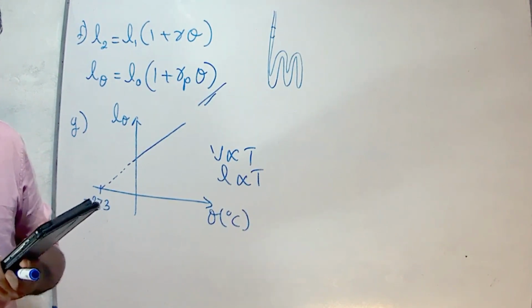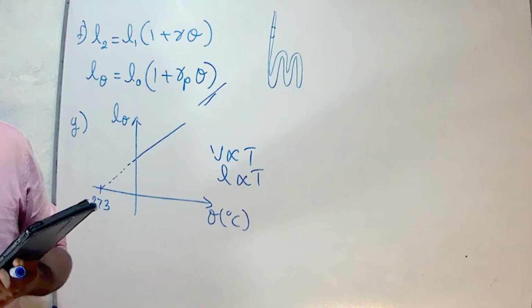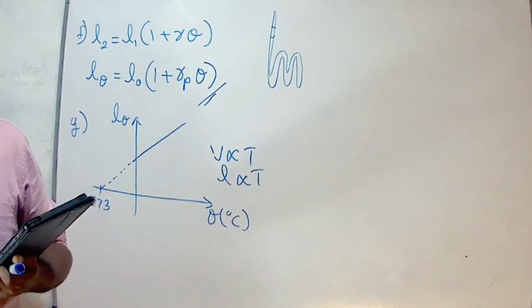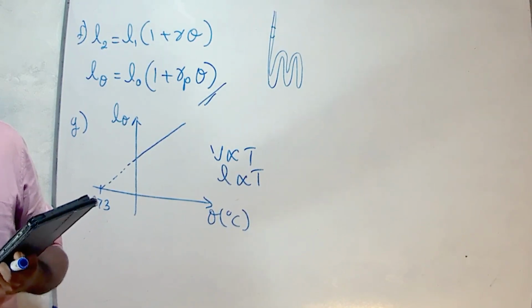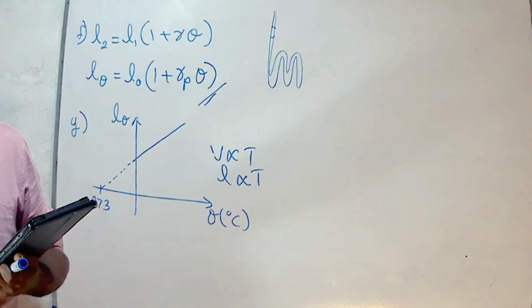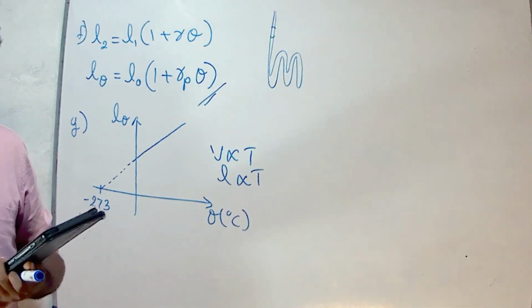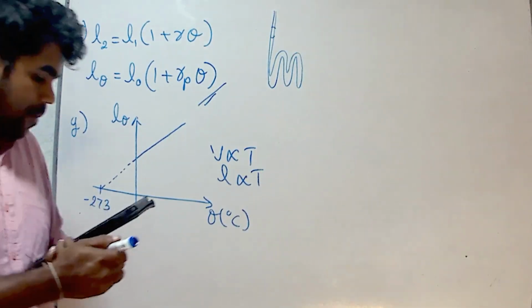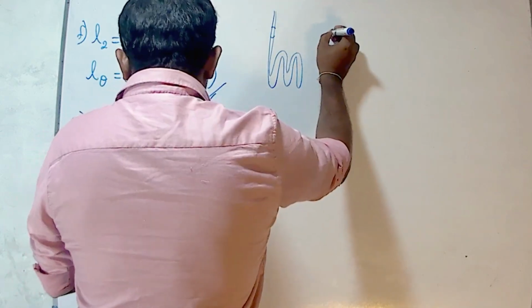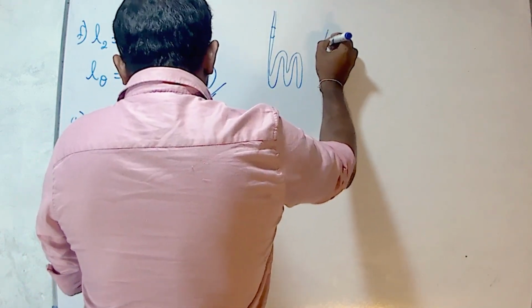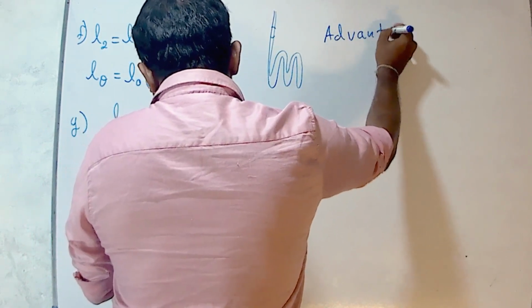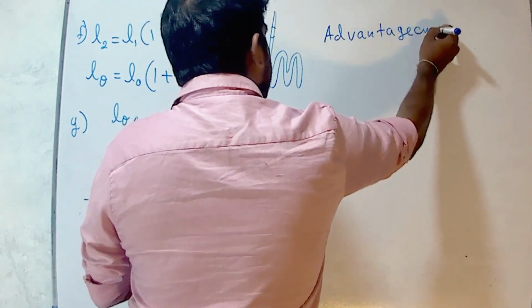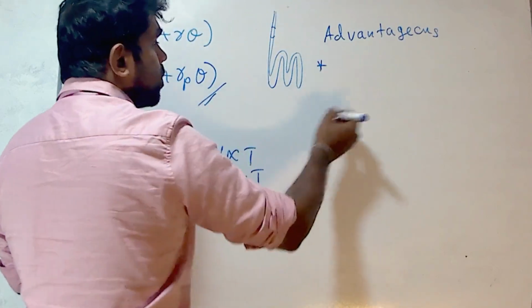Then we can get a reading with the least fractional error. Then we can write it is advantageous. We have to write that advantageous or disadvantageous. It is advantageous. We can write the reason.